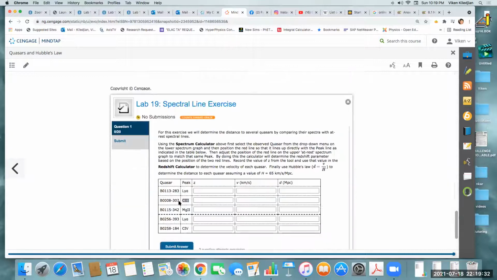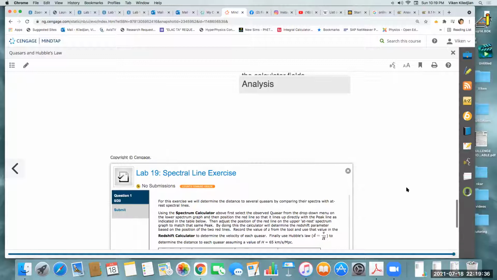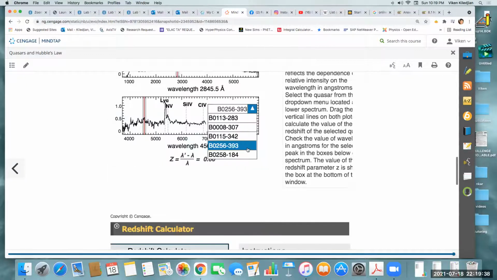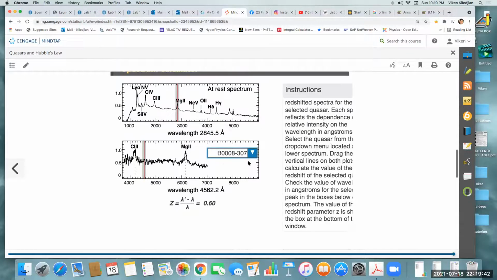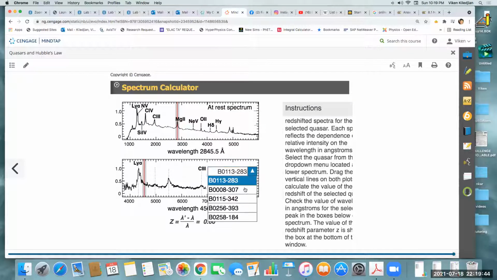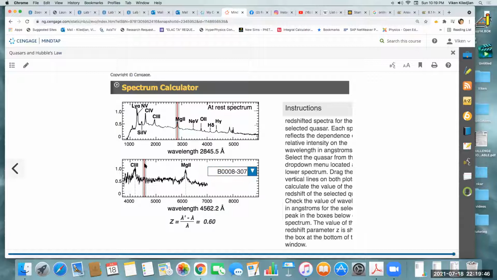So let's say the 307. Okay, then you go to the C3 line. Then here you go to the C3 line. Okay, then take a snapshot of this, right?